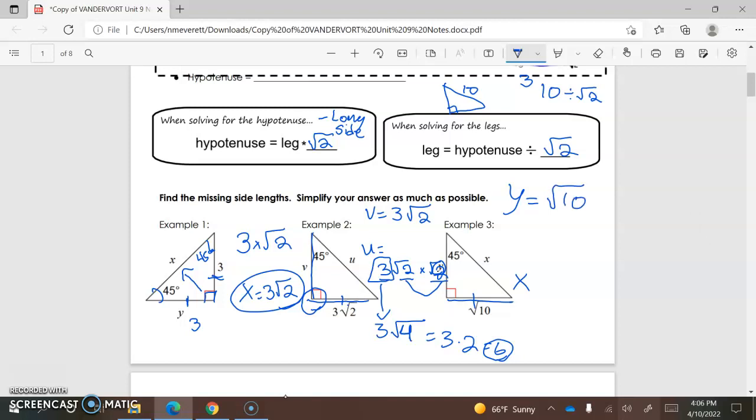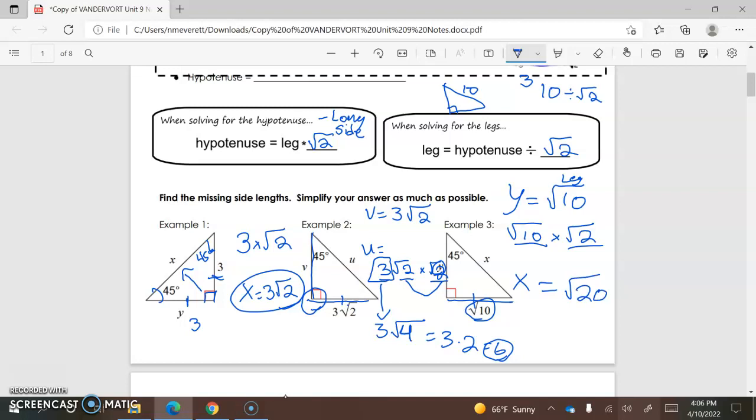Alright? Now the x, since this is a leg, I'm going to take square root of 10, multiply it by the square root of 2. Just like I did over here, I'm going to multiply these square roots on the inside, just multiply those two numbers together. So the square root of 10 times the square root of 2 is going to be equal to the square root of 20.